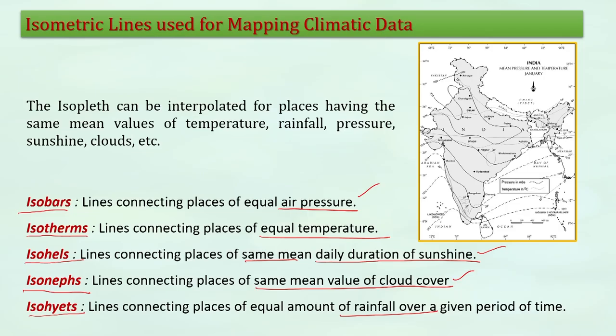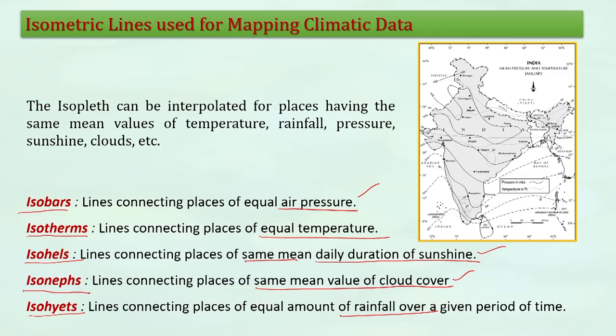Nowadays, in practice, a separate weather map, weather chart is being prepared to show each weather parameter. There is a map to show only the temperature parameter. What is the temperature across the nation? What is the temperature across a particular state?